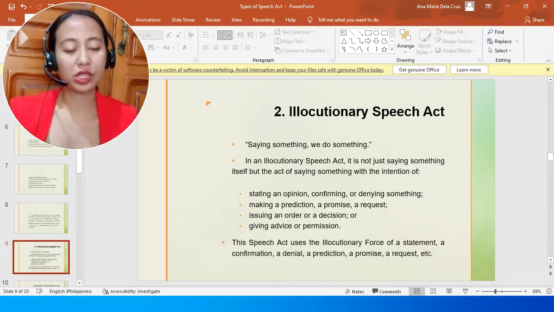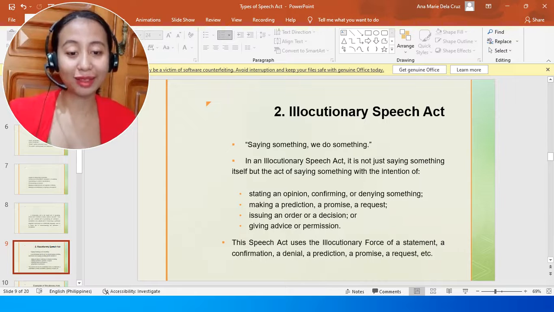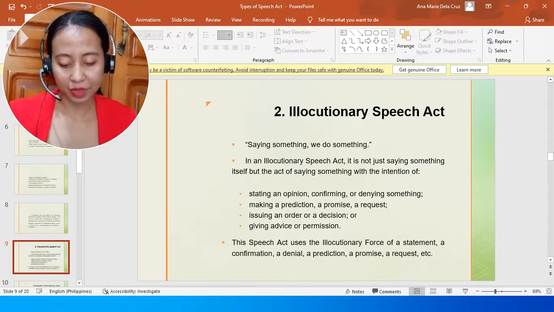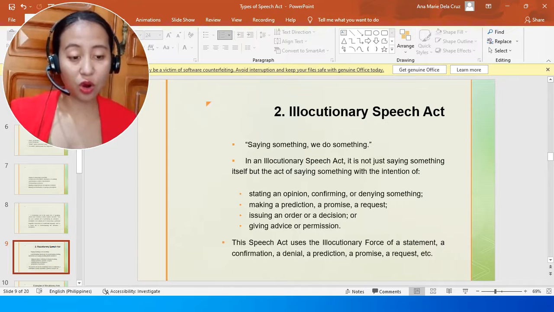Second type of speech act is illocutionary. This is saying something, we do something. There is a force. Take note of that. It expresses attitude with a certain function or force.